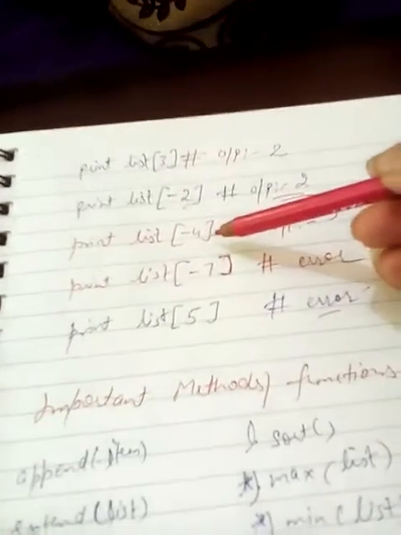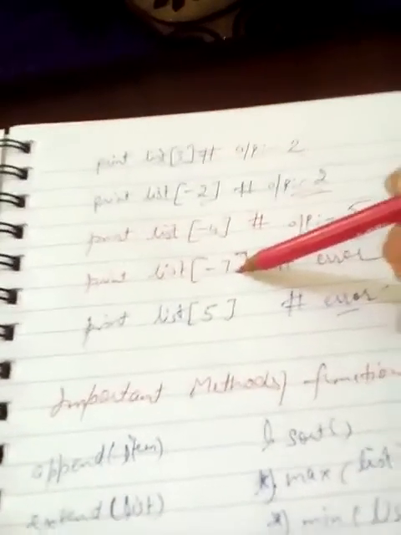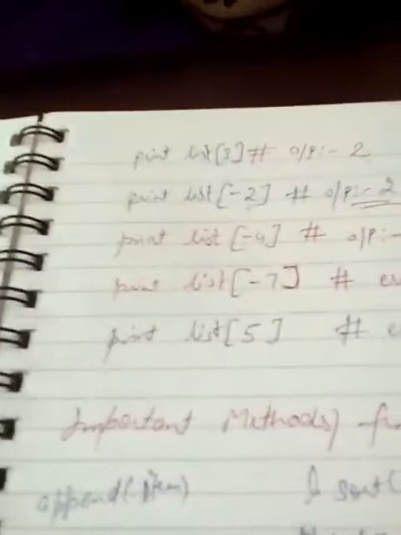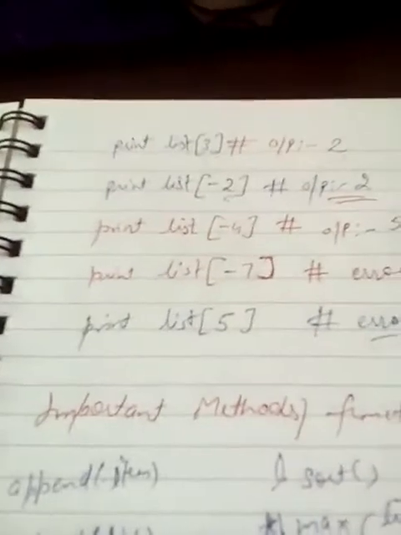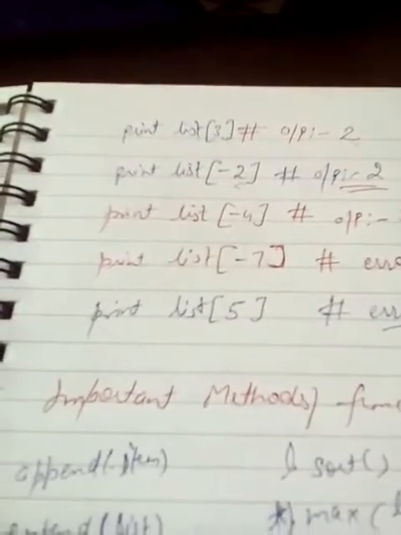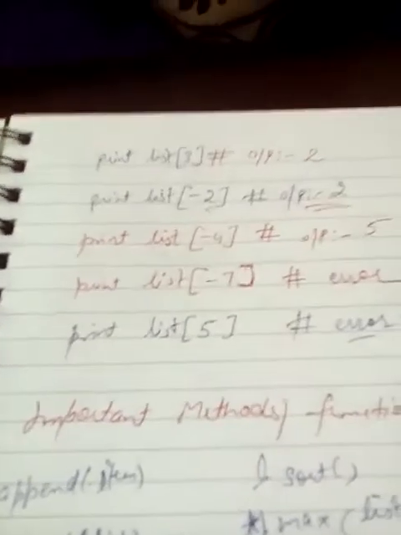We can print elements at the -4th position, -7th position. If we print the list element at the place of -7, that is beyond the limit of the list, that means this is exceeding the index, because we have indexes from -1 to -5 only, and we are passing -7, so it will give you an error.